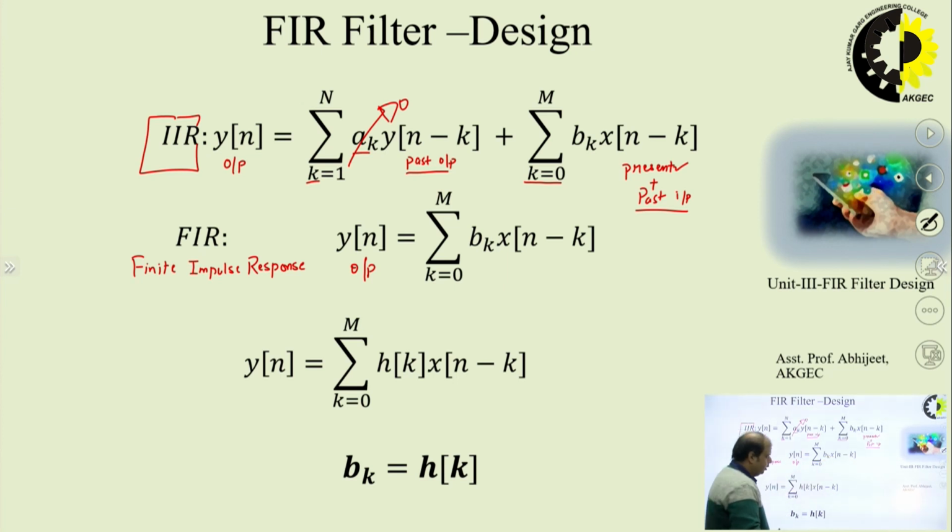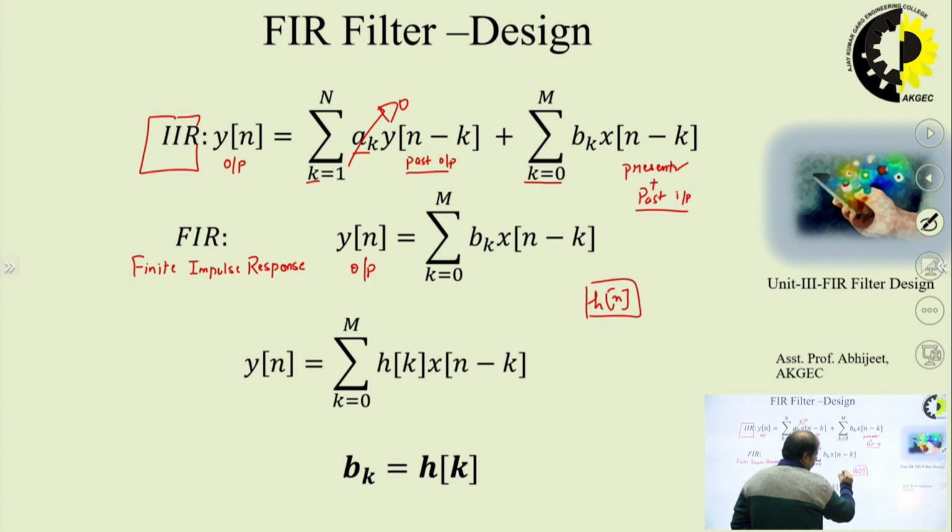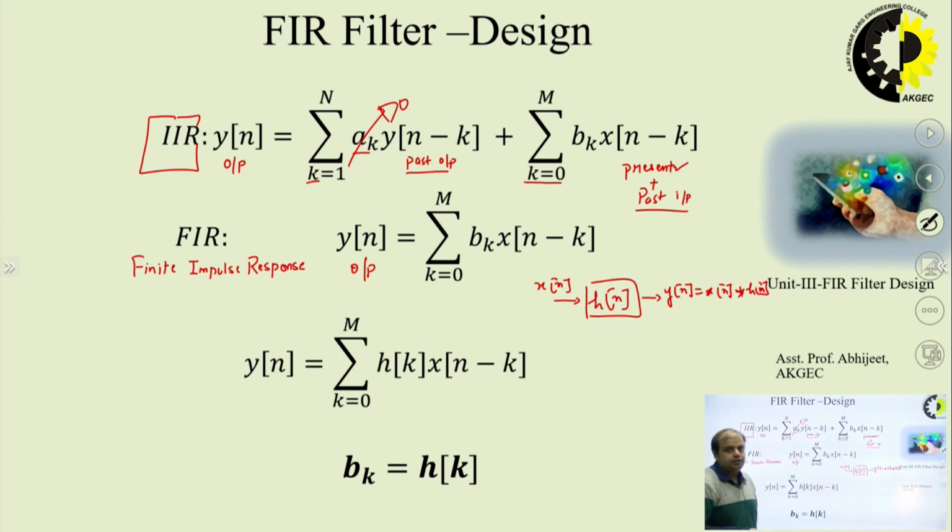If we model this system as an LSI filter h of n, and the input is x of n, the output is y of n, then y of n is basically x of n convolution h of n, where h of n is the impulse response of the FIR system.